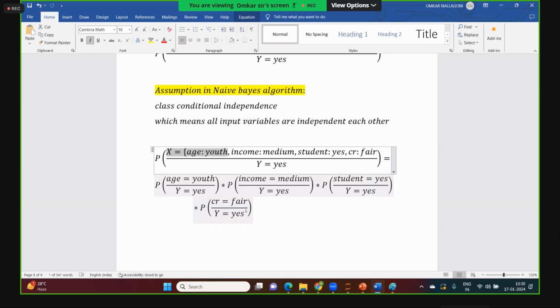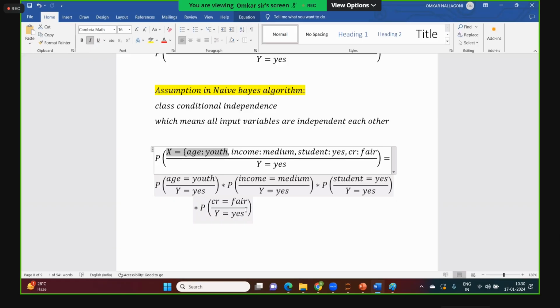Now take health problems, diabetes. You have so many health problems. All variables are interlinked or not? BP, sugar, and so on. In some cases it is not possible, and in those cases you can't apply Naive Bayes. In some cases all the variables are independent, and in those cases Naive Bayes is the first algorithm. It will work in those cases without fail.